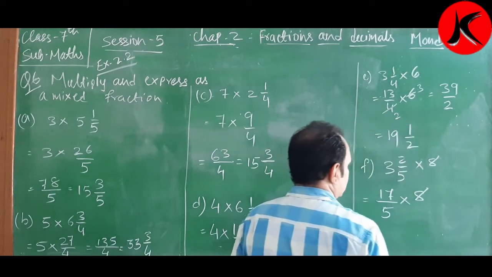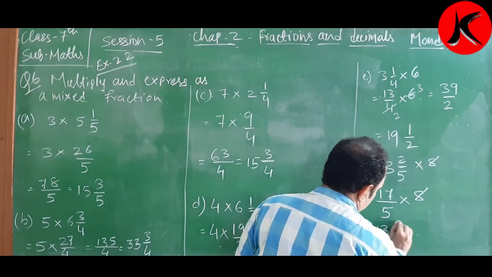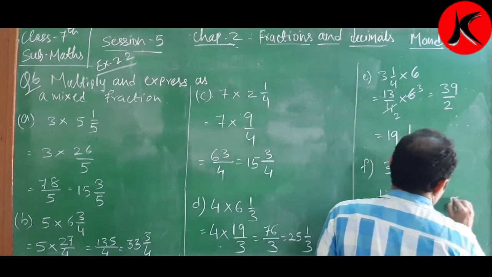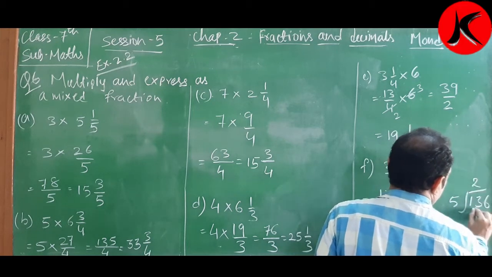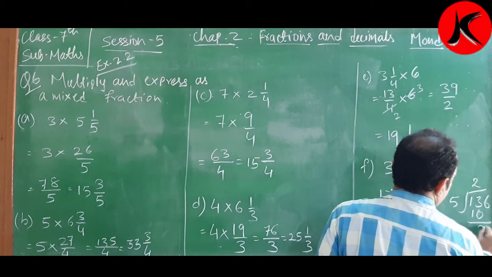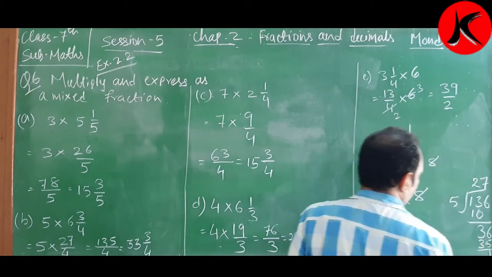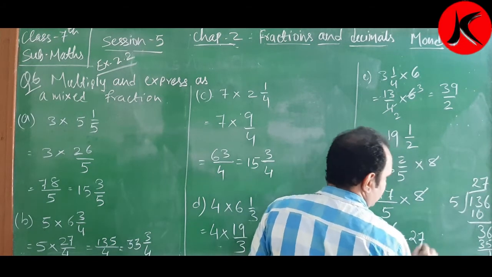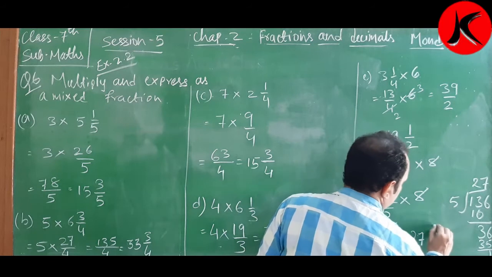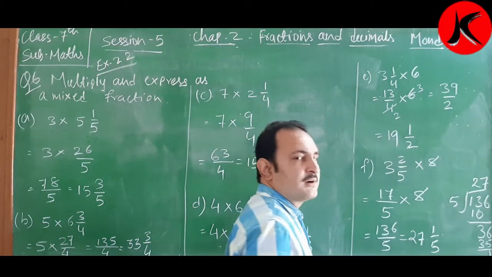Okay, 136 upon 5. Divide करो 136 को 5 से. 5 2s are 10. 13 minus 10 is 3. 5 7s are 35. 36 minus 35 is 1. So the answer will be 27. The quotient part will come in the integer part, 1 upon 5.